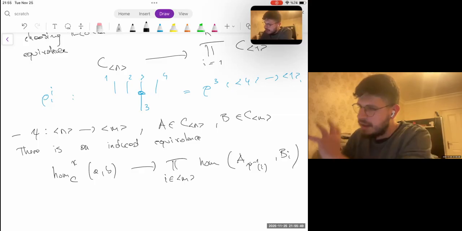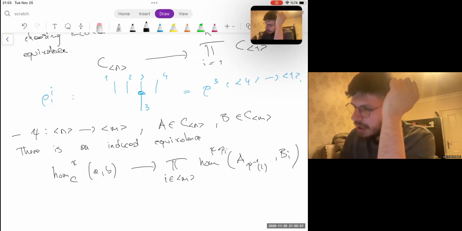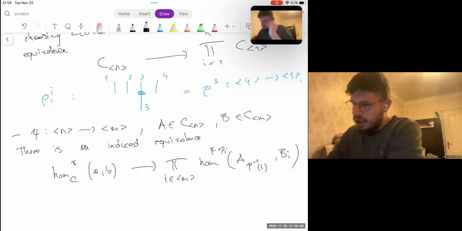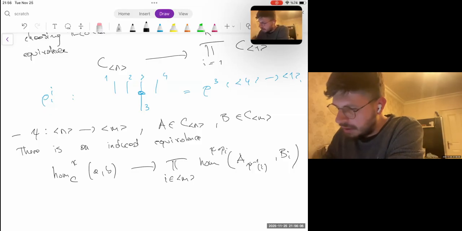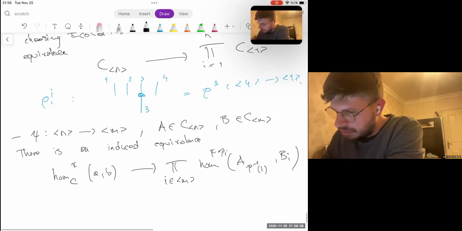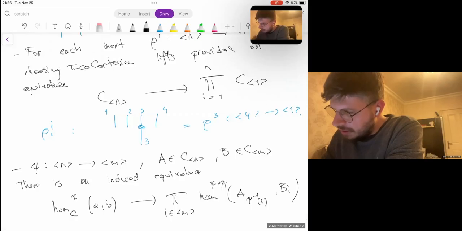And each BI is like the co-Cartesian lift chosen from the previous one, and these are over phi composed with these row i's. Okay, so what I wrote here is not 100% super well defined, but I think it is clear enough.